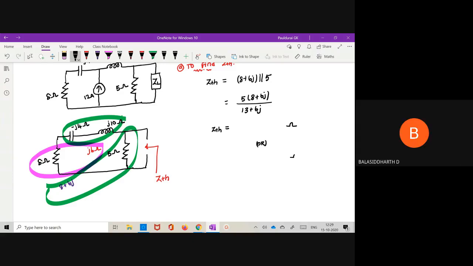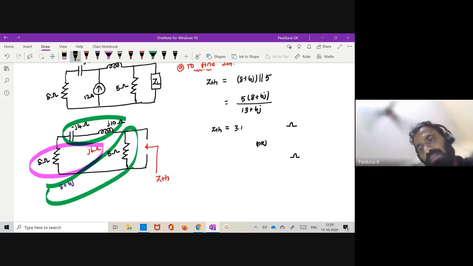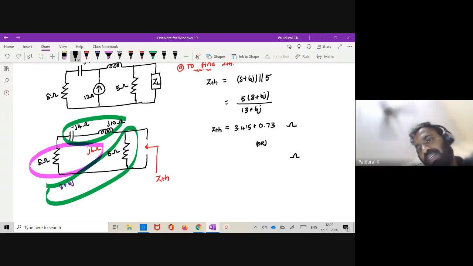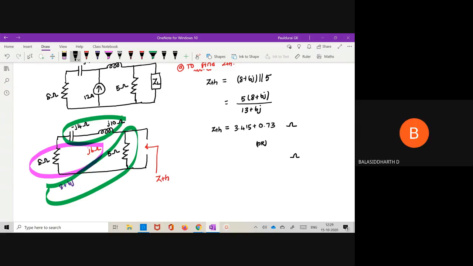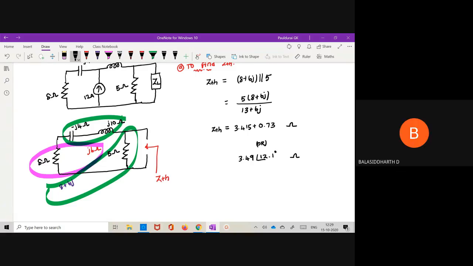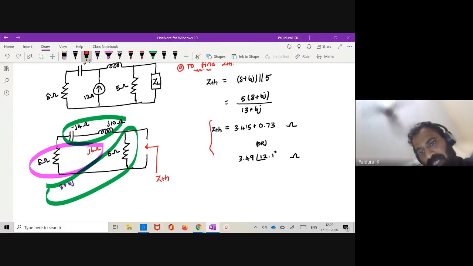So 3.41 plus J0.73 ohm, and 3.49 at an angle of 12.09 degrees. Can I take 12.1? Yes. So this is my ZTH.